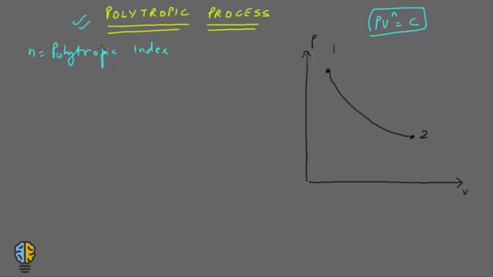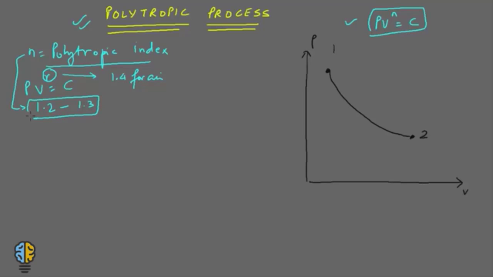Now if you remember the adiabatic process, that was P into V to the power gamma is equal to constant, and in this the value of gamma, the adiabatic index, was 1.4 for the working fluid air. In the polytropic process, the value of n is about 1.2 to 1.3 for the working fluid air.